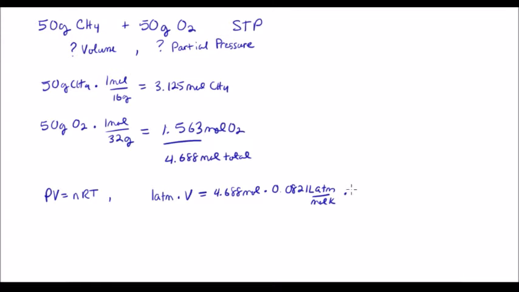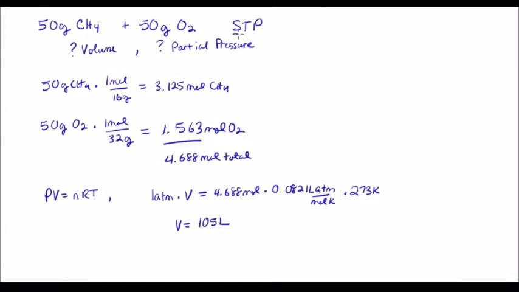And then, of course, standard temperature is 0 Celsius or 273 Kelvin. So if I put all that in my calculator and I solve for V, I get V equals 105 liters.